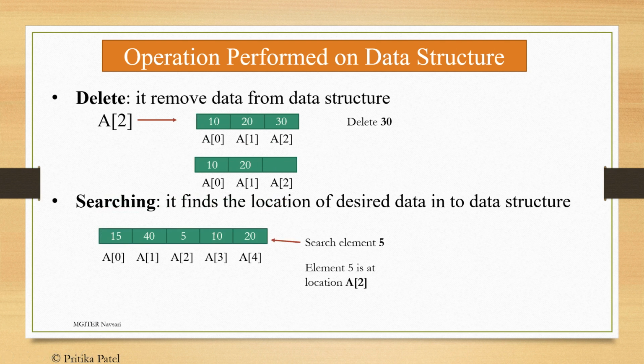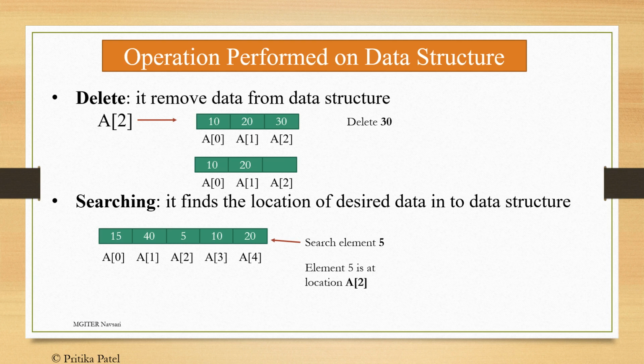Now the next operation is the searching operation. The searching operation is used to find the presence of a desired data item in the list of data items. It may also find the locations of all elements that satisfy a certain condition. That means the searching operation is used to find particular data from a specific location.